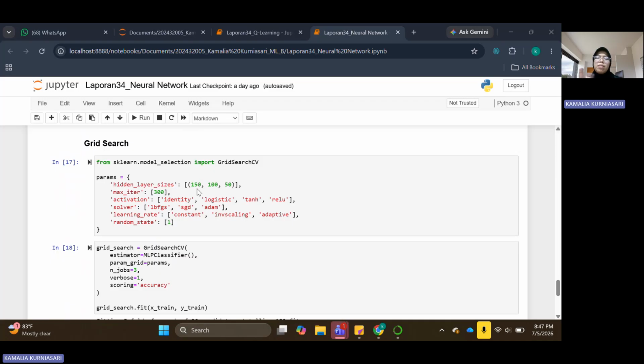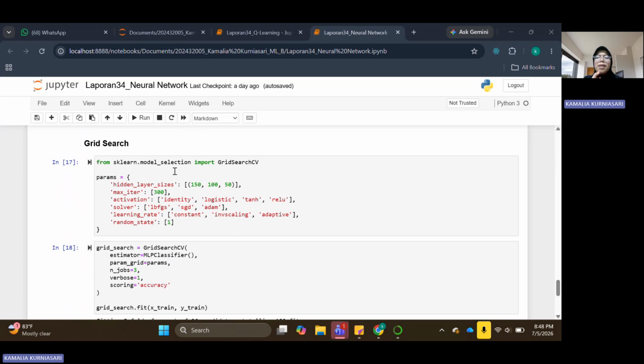I mean grid search CV, and several parameters were tested, including activation function, solver, and learning rate strategies. The best parameters obtained were activation is tanh, solver is SGD, learning rate is constant, and hidden layer size is 150, 150.